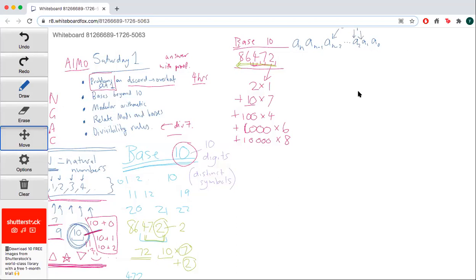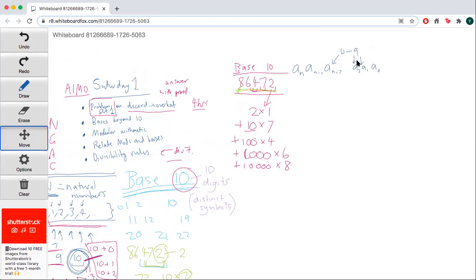Each of these things is a digit. And I'm saying that I've got this general number which has n plus 1 digits. N plus 1 because the 0th one is also a digit.